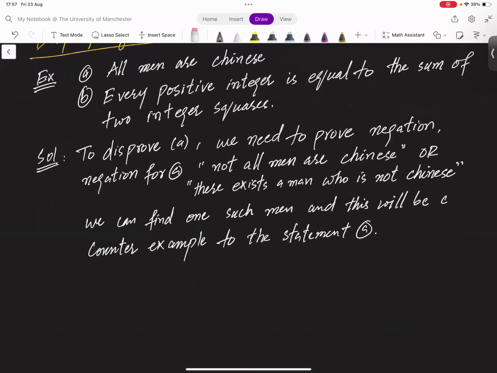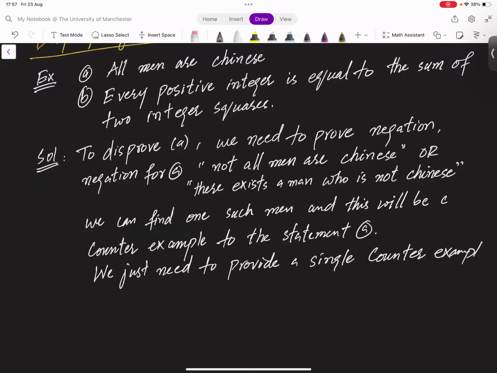So the point is to disprove A, and to do that we just need to provide a single counterexample.